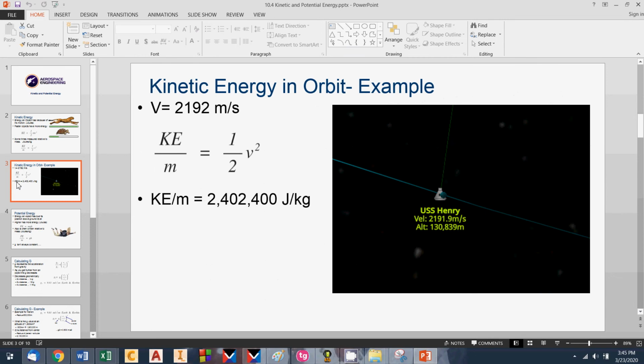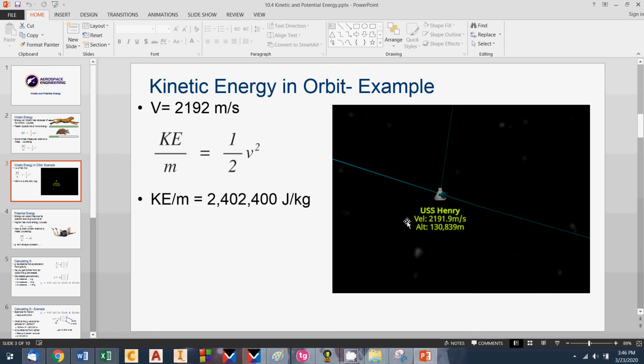Here's an example. So here's a ship from Kerbal, and this is from the map screen. Remember, you just press M to get to the map screen. And what we see here is this ship is traveling at a velocity of 2191.9 meters a second. So we're just going to call that 2192.